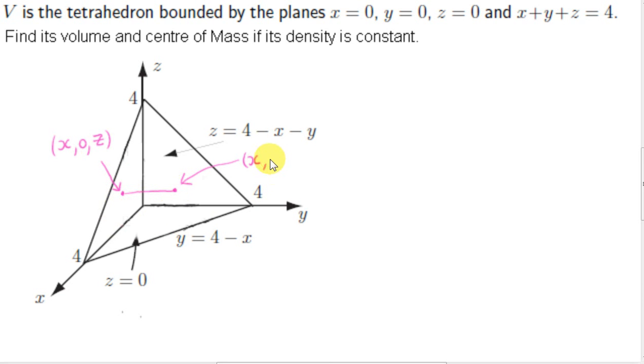Now, we can't just put y here. This is not just any old point. Okay, this is a point on this slanted plane here. So we are constrained by that fact. So if it's a point on the plane, it's got to satisfy the equation of this plane. So if we make y the subject, actually it's easier up here. y equals 4 minus x minus z.